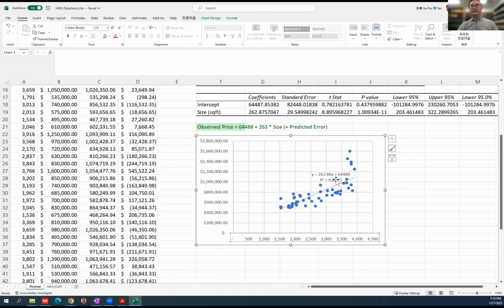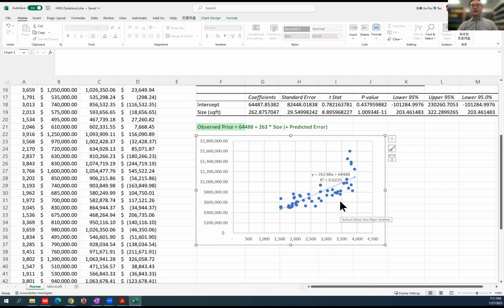This 62% is describing how close the points are to the trend line, that's the linear straight line we have from the model. If all the points were exactly on the predicted line, then we would have an R squared equal to exactly 1.